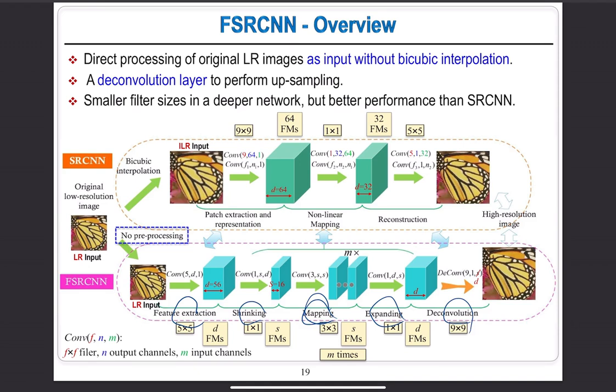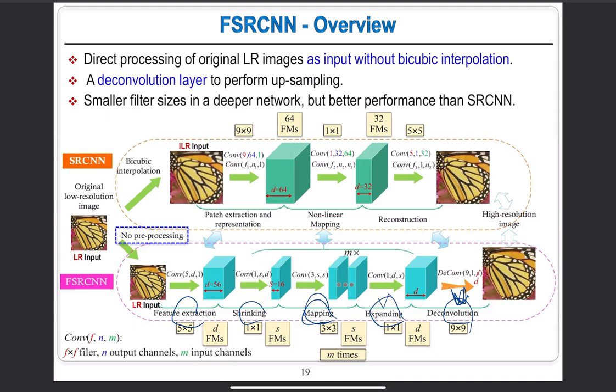Nonlinear mapping means several 3 by 3 layers capture complex transformations. Expanding is another 1 by 1 convolution that increases the feature map channel count. And deconvolution is a 9 by 9 transposed convolution that upsamples the feature spatial size to the high-resolution output.